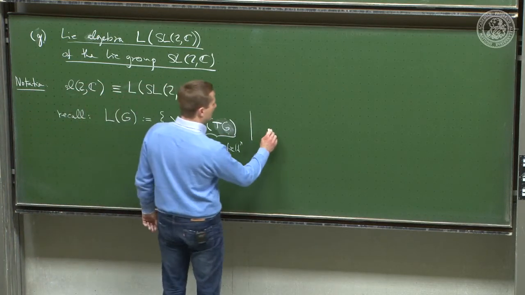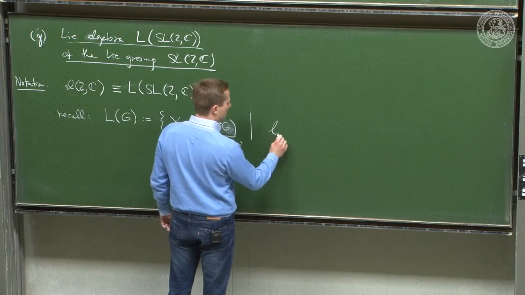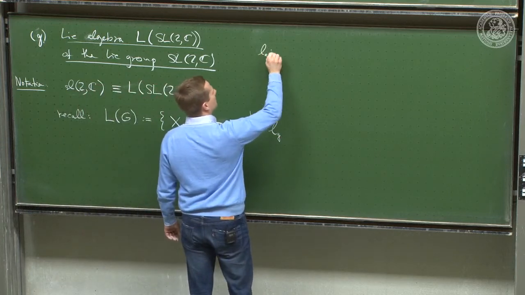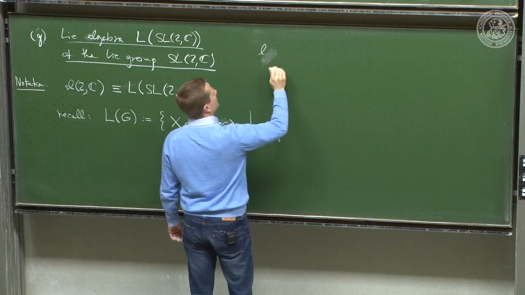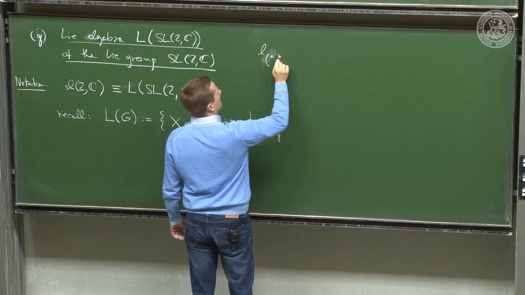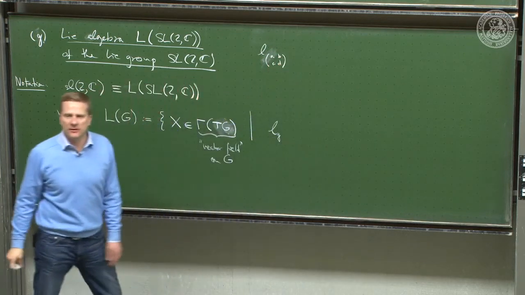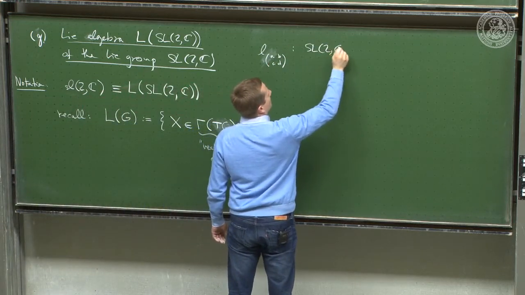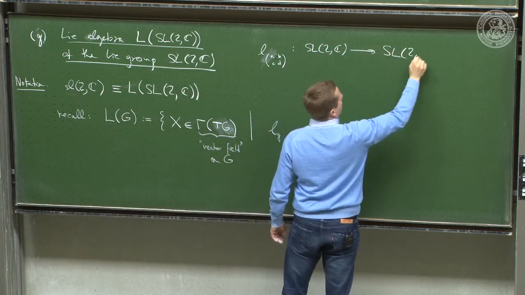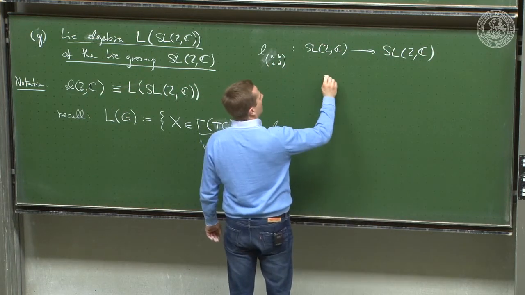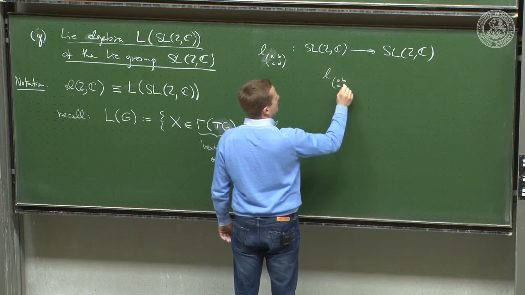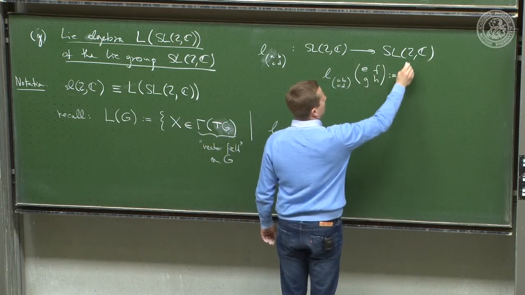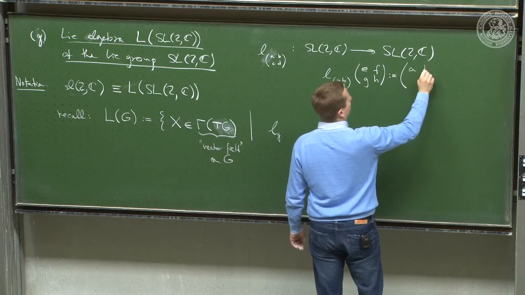Well, we had these left translations, L_g. How were they defined? Let's write it down for our case. We take an element of the group, in our case a point of this sort, and L_g takes one element of the group and produces another element of the group: L of (A, B, C, D) eating (E, F, G, H) is defined as the matrix product from the left.